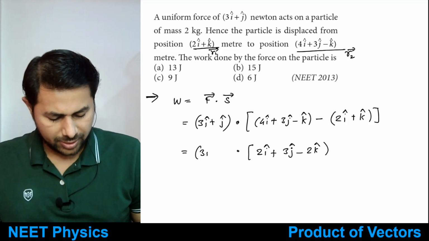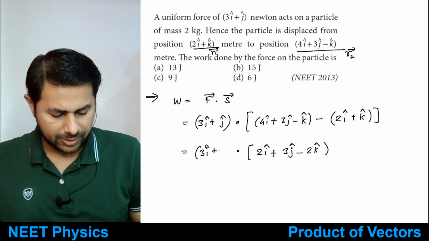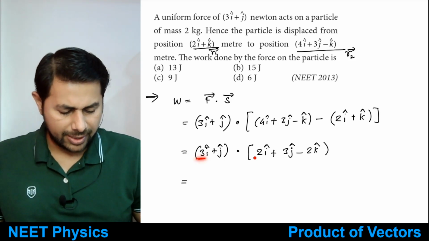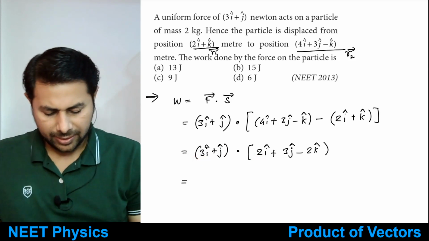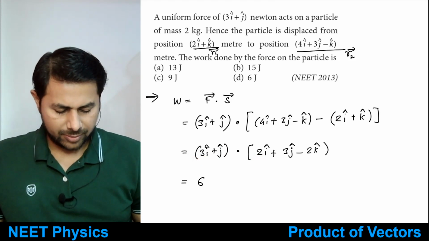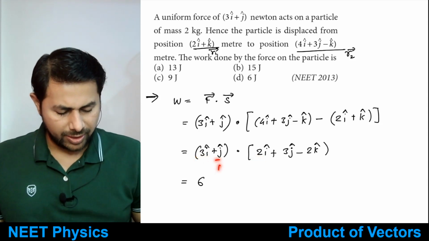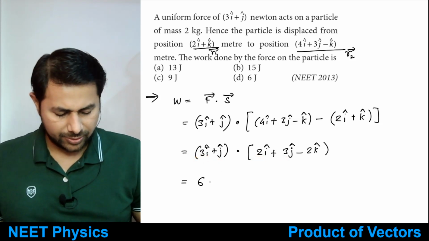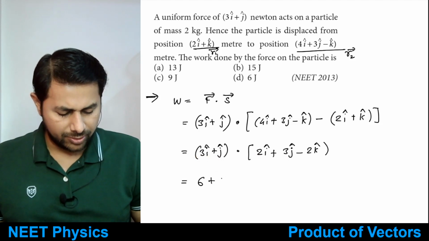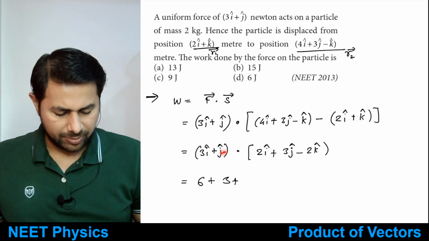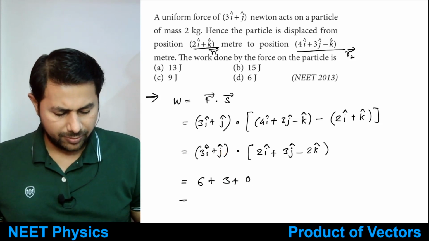So 3 i cap plus j cap dot 2 i cap plus 3 j cap minus 2 k cap. 3 i cap dot 2 i cap is 6. x component multiplied with x component, y component 1 multiplied with y component 3, so 6 plus 1 into 3, that means 3, plus there is no z component, so plus 0.